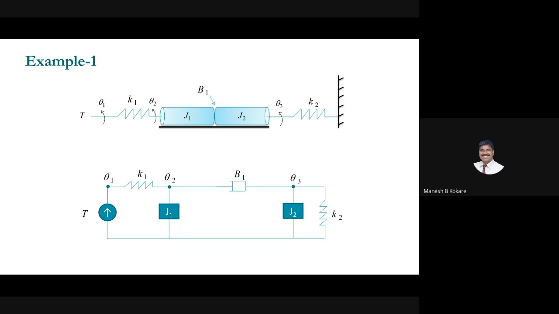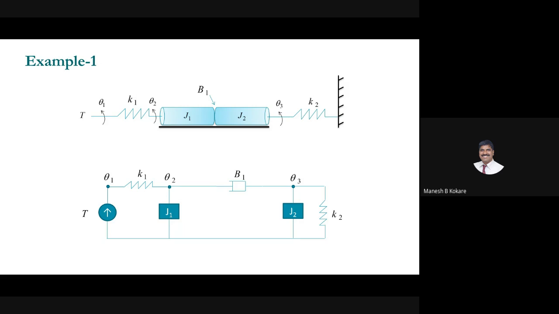Then theta2. Always, one end of J1, the mass, will be connected to the nearest displacement point. So theta2, and then the other end of this J1 will be connected to the reference. Then between theta2 and theta3, what is there? That will be the frictional element. So B1 is represented as a frictional element, and a frictional element is just like a dashpot or damper element.